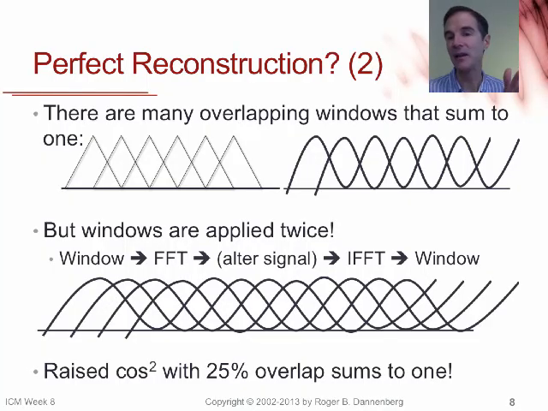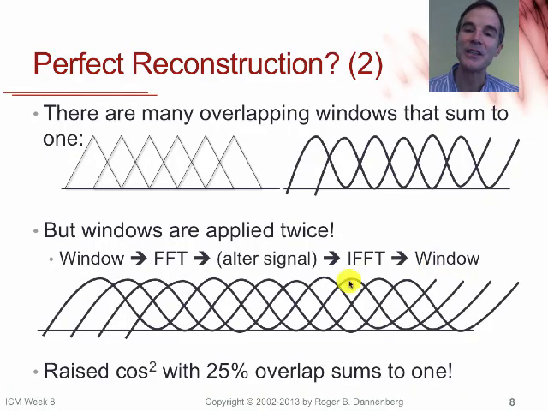The boundaries may no longer go down to 0, and so to avoid discontinuities, we want to multiply by a window again. So we've got 2 window multiplies, or effectively the window function squared.